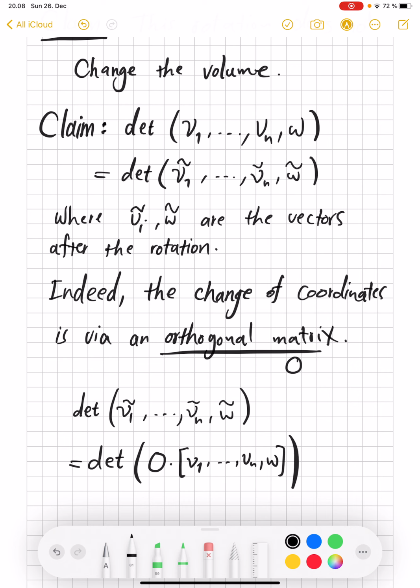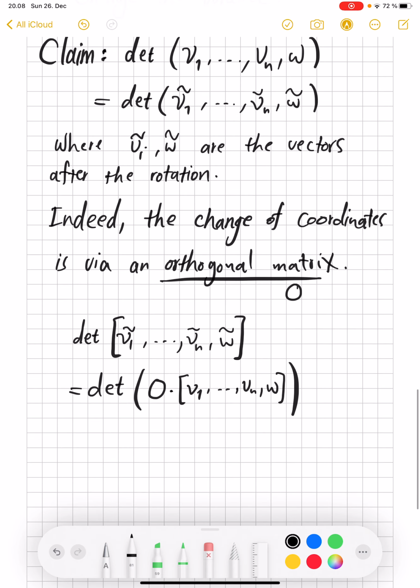So this is an (n+m) by (n+1) matrix, and this is another one, and the change between them is through multiplication by this O. But now this breaks up into the determinant of O and the determinant of v1, ..., vn, w.